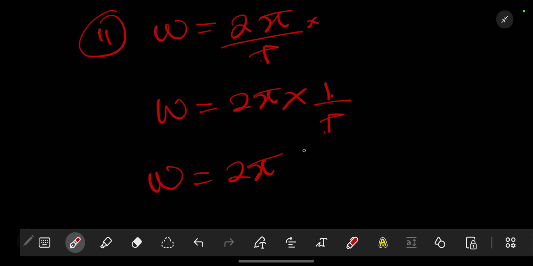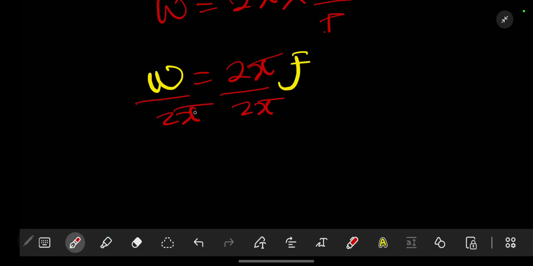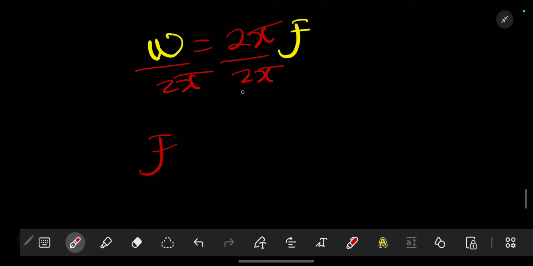Remember, 1 over period is the frequency. So this is the formula. They want the rotational frequency, which is this. Angular frequency is this. So we are going to divide over our 2 pi. So our rotational frequency will be equal to the angular frequency over our 2 pi, like that.